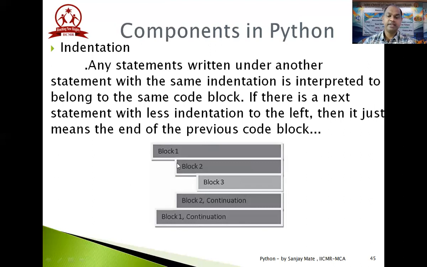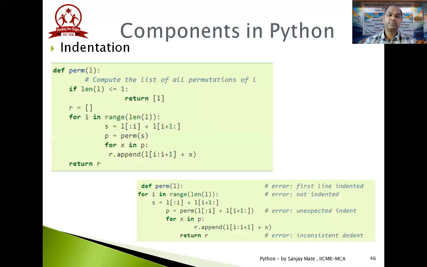So I have one example that will explain clearly what indentation is. Here I have one function. This is how you define a function in Python. Under this function, I want to write the code. So I write the name of the function, give a tab, and then write the code.